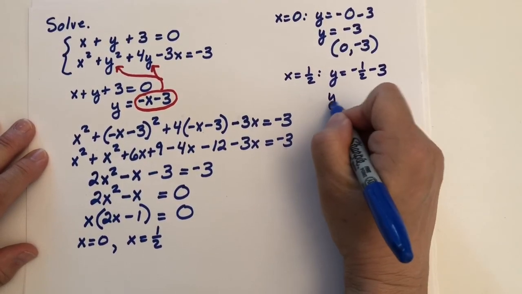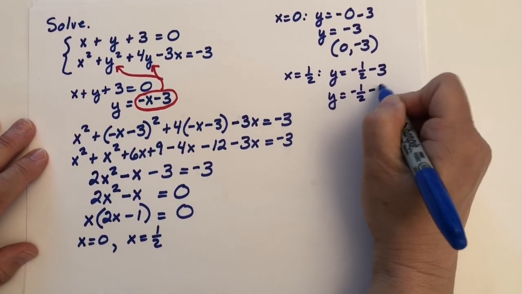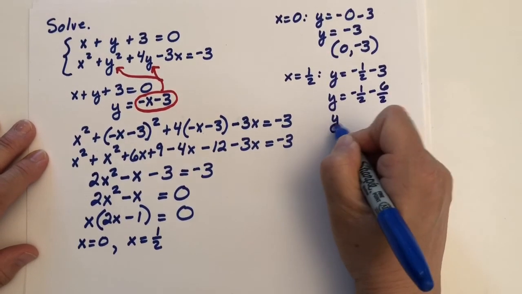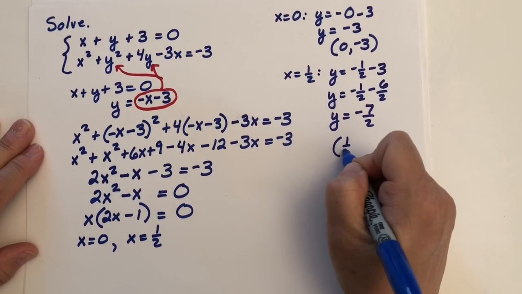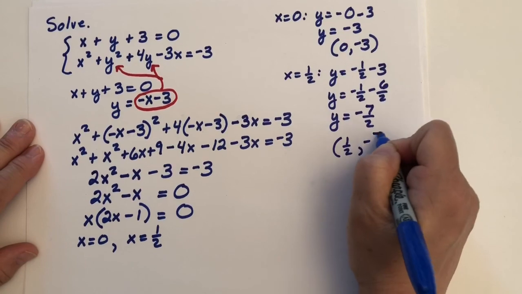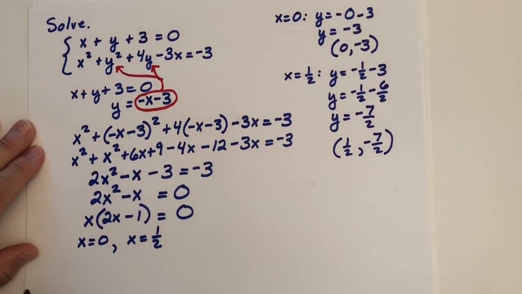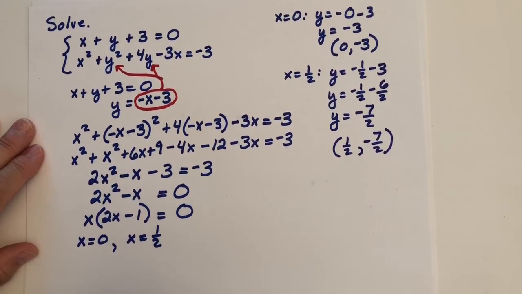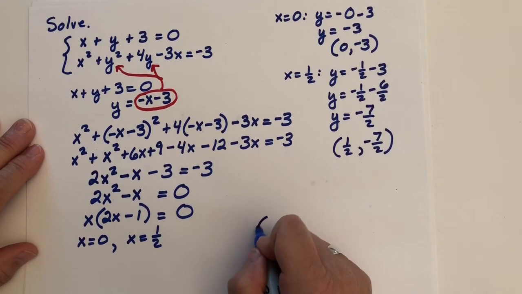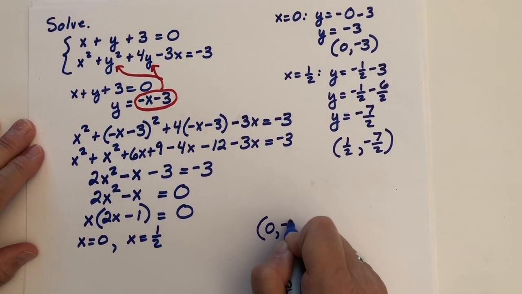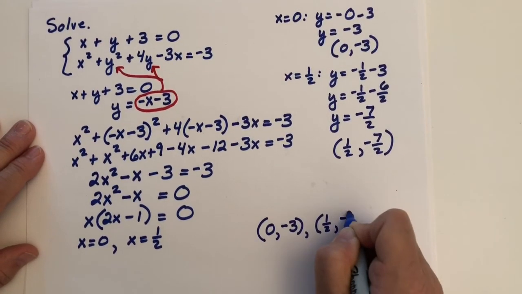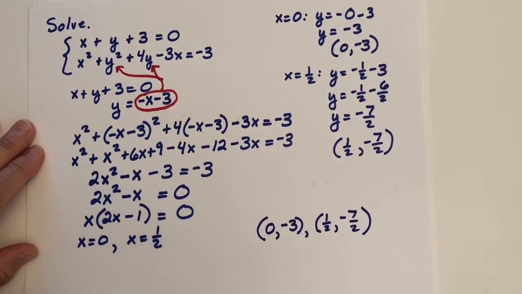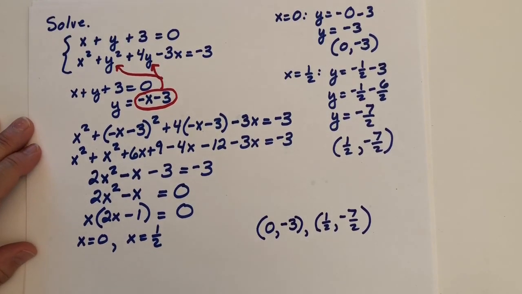We need to do a little arithmetic there, get a common denominator, and we get y equals negative 7/2. So our solution is positive 1/2, negative 7/2. So the solution to this system is this pair of ordered pairs, 0, negative 3, and 1/2, negative 7/2. And I hope you have some fun solving some nonlinear systems.